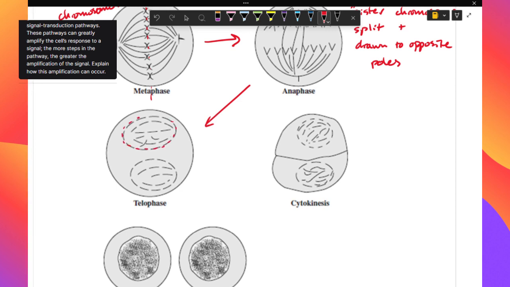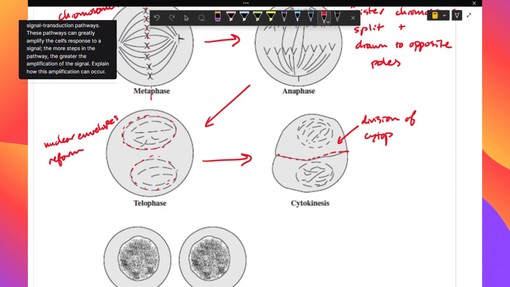Telophase, our nuclear envelopes start to reform. And at cytokinesis, we get this new division that divides the cytoplasm from the parent cell.